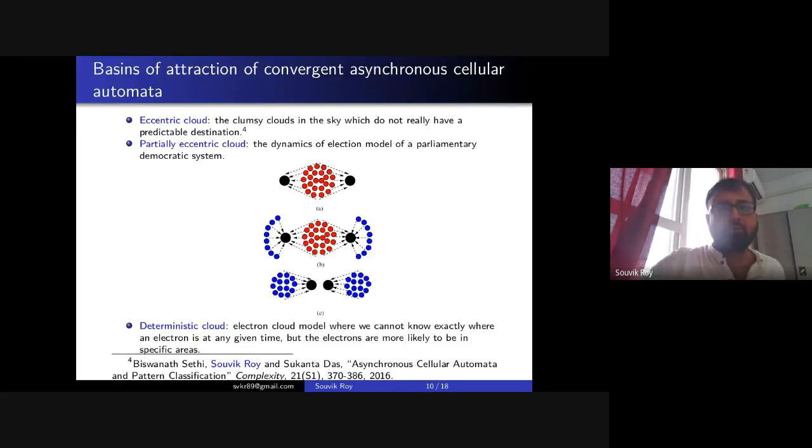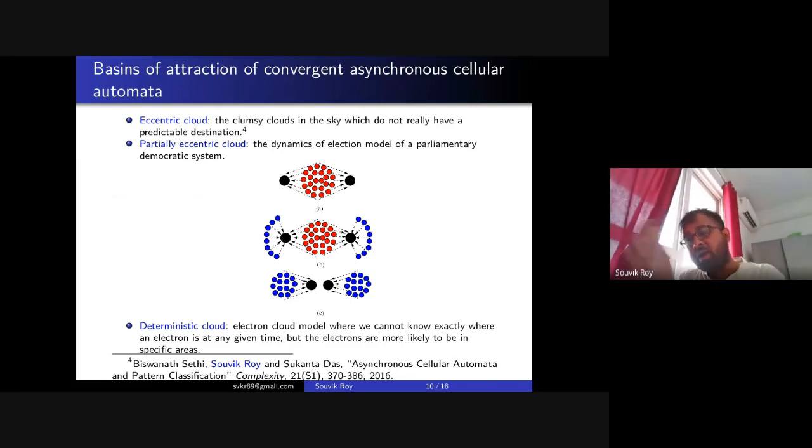So first we explored the convergence dynamics of asynchronous Cellular Automata. We identified which rules are convergent. Then, within these convergent rules, we tried to understand the basin of attraction dynamics of the convergent system, and we identified 3 kinds of dynamics.